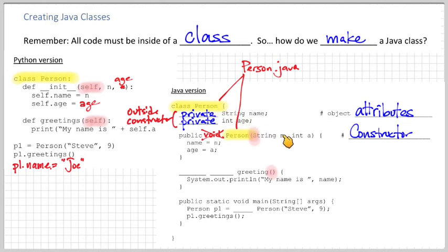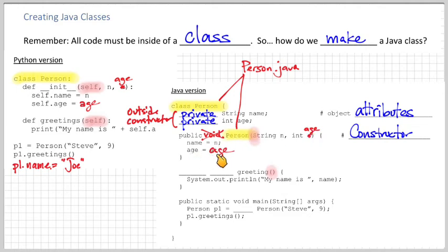Now, if I did that over here on the Java side, let's do that. So I'll make this age, and I'll make this age as well. Now this is weird. This won't work. In this case, I have age is equal to age, and age is this input parameter. This age is also the input parameter, and this is kind of a silly statement now.